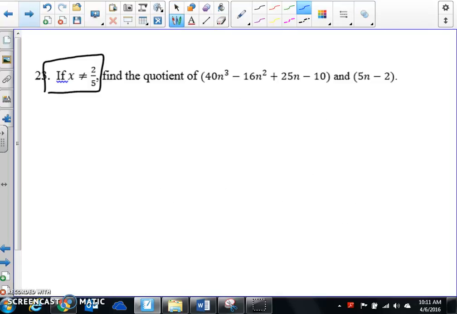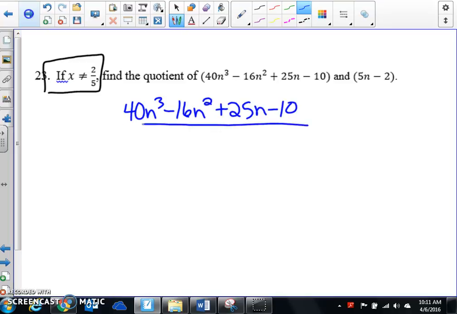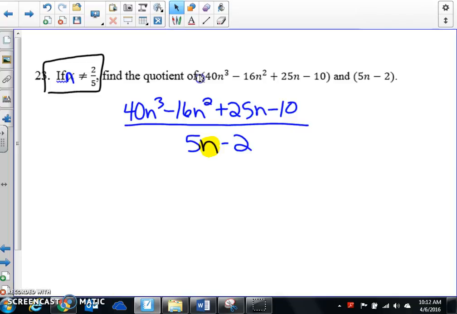If you look at this, and let's actually put it how we're used to seeing it, which is as a fraction, over 5n minus 2. The reason that n cannot be 2/5 is because if n is 2/5 right here, then your denominator is 0, and then it would be undefined. So it's just a technicality. Don't really worry about it.